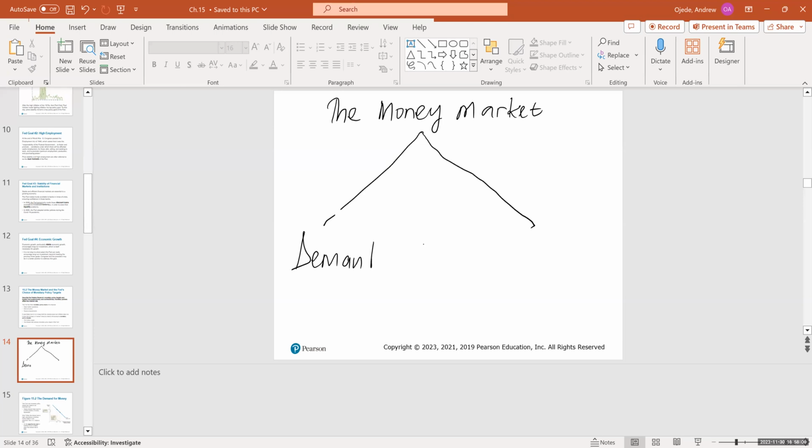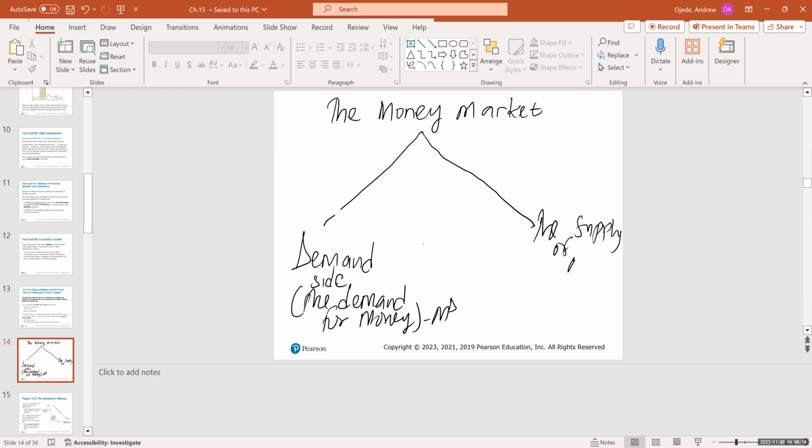So for the money market, we're going to talk about the demand for money, which we're going to represent as MD. Then on the other side, we talk about the supply of money.